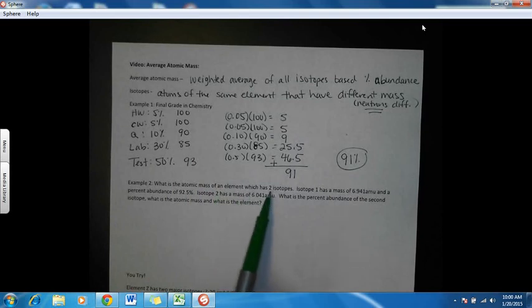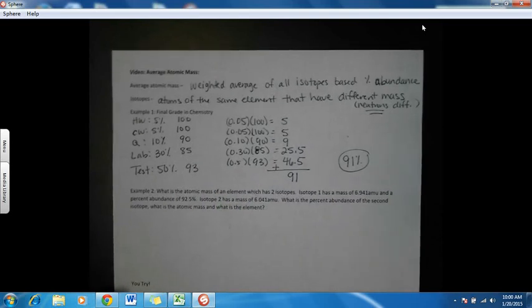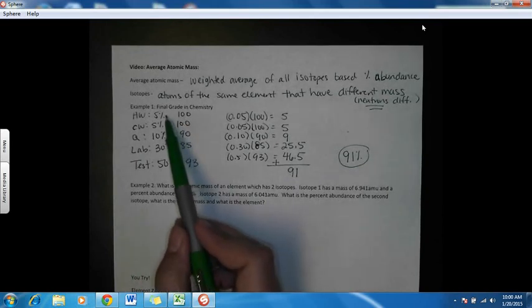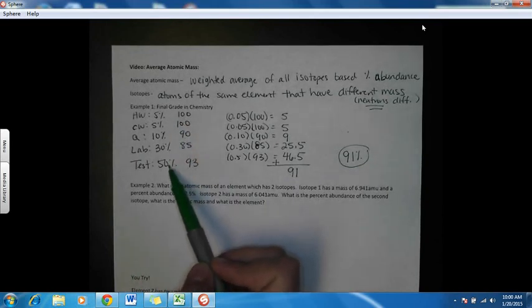Alright, so what is the atomic mass of an element which has two isotopes? Isotope 1 has a mass of 6.941 AMU and a percent abundance of 92.5. Isotope 2 has a mass of 6.041, and what would be the percent abundance for the second isotope? Well, all of these percentages added up to equal what?